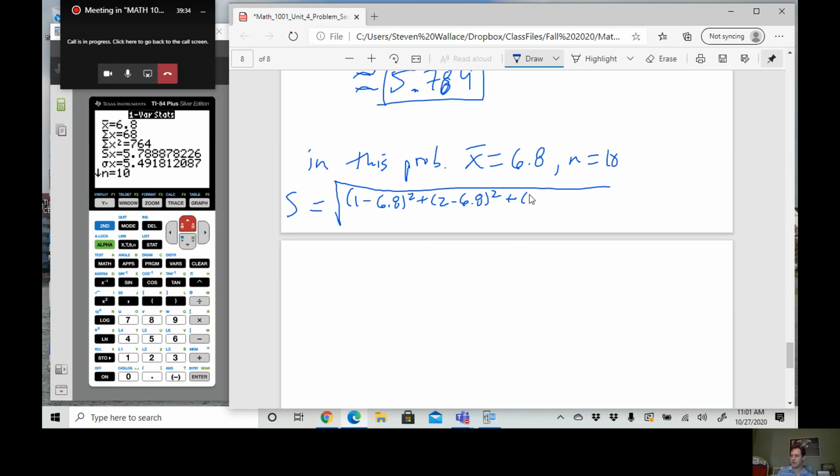Then 3 is the next one. Then 4. And then 4 again. And so on until we get all of them together. Then we divide everything by 9. Then take the square root. That's how this works.